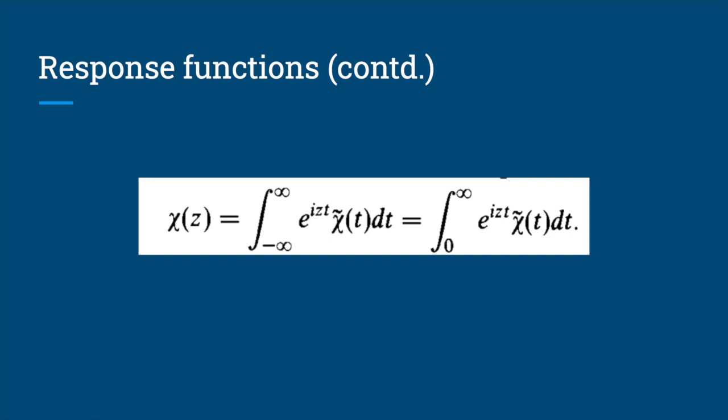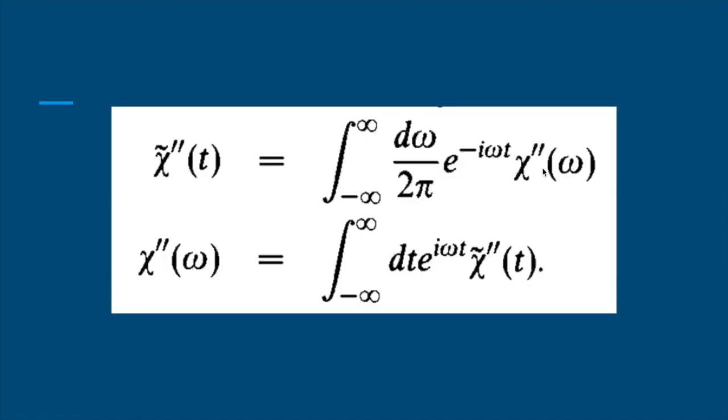The function chi double dash of t comma t dash, which is chi double dash of t minus t dash, is bounded, and so we can define its Fourier transform with respect to a real frequency variable. This is the Fourier transform. Now, if chi double dash of t approaches a constant as t tends to infinity, then it will have delta function parts, because the Fourier transform of a constant function will be a delta function.